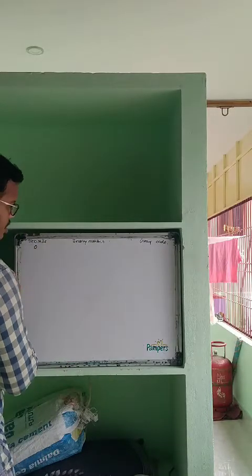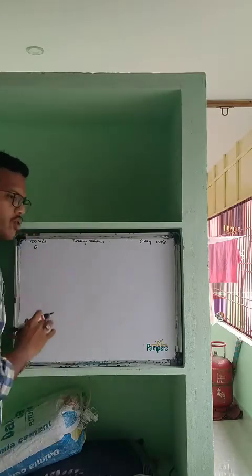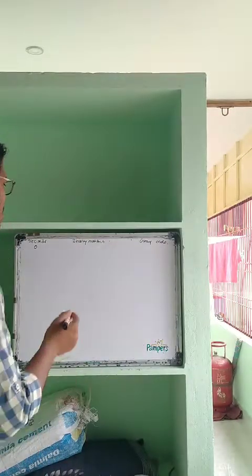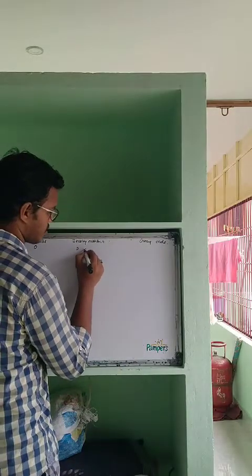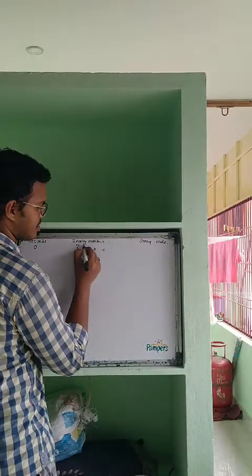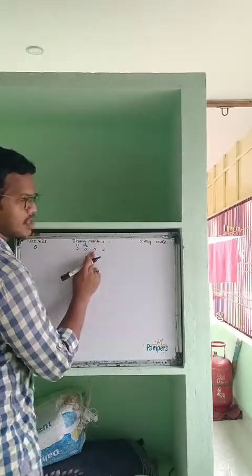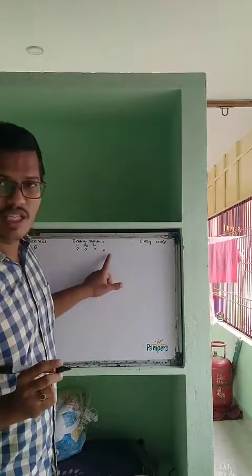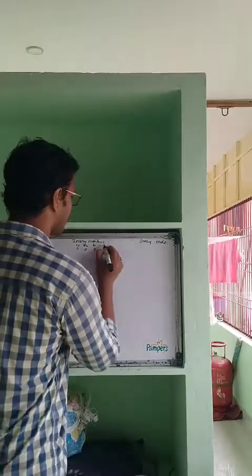First one is 0. How do we write the decimal number in the binary form? 0 0 0 0. Name it as B3, B2, B1, and this bit as B0.